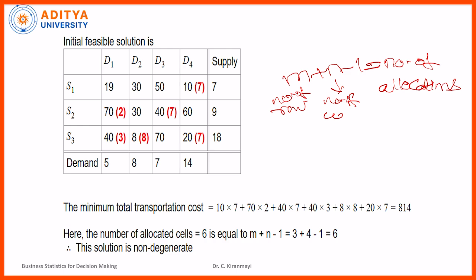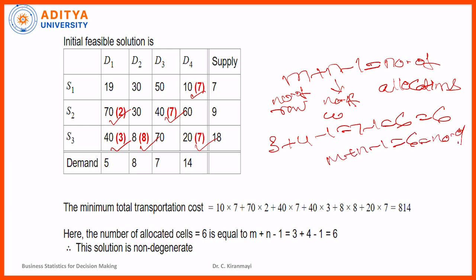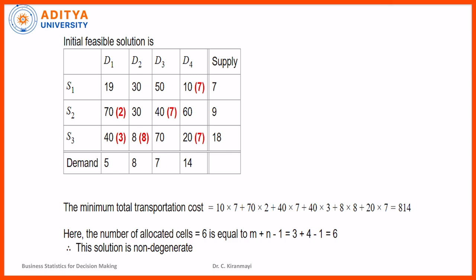So, number of rows 3, number of columns 4, minus 1, that is 7 minus 1, 6. How many allocations have we got in this IBFS using the least cost method? Let us see. 1, 2, 3, 4, 5, 6. So, m plus n minus 1 is equal to the number of allocations. Therefore, the solution in this problem is non-degenerate.